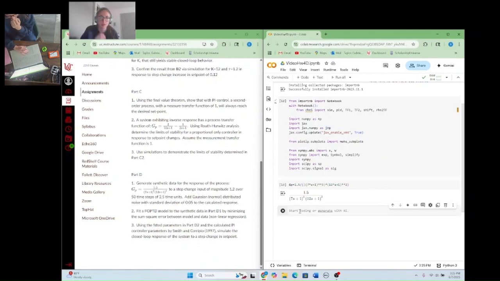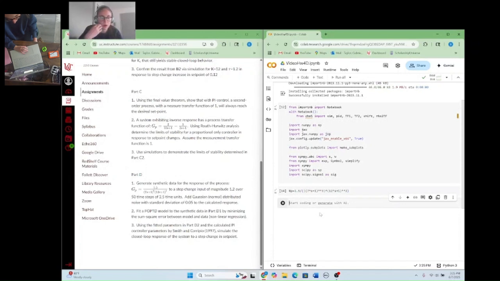So the next one I want to do is our simulation, so t and y, and sim. We're doing GP, our actual process, and then lambda, our timescale t.